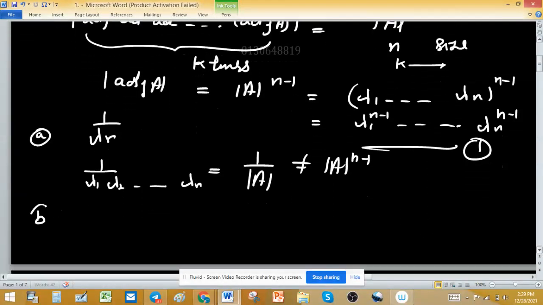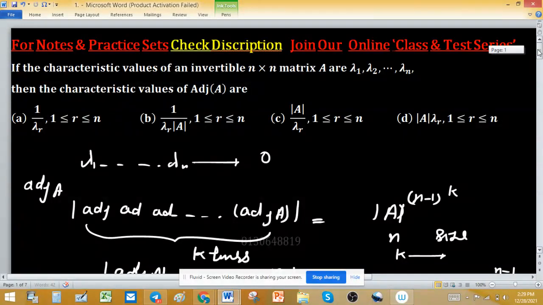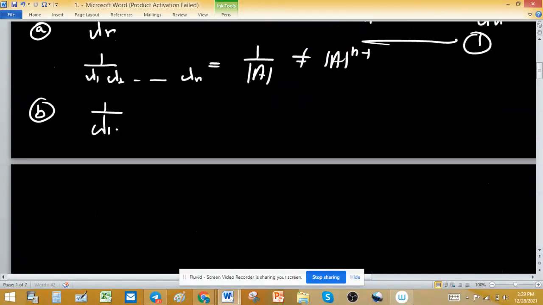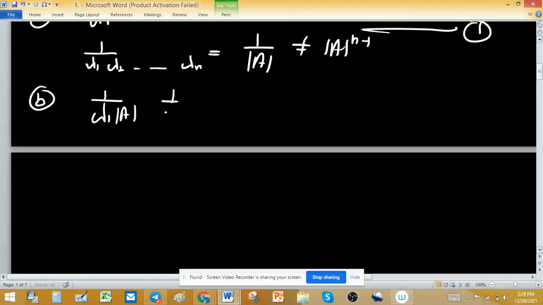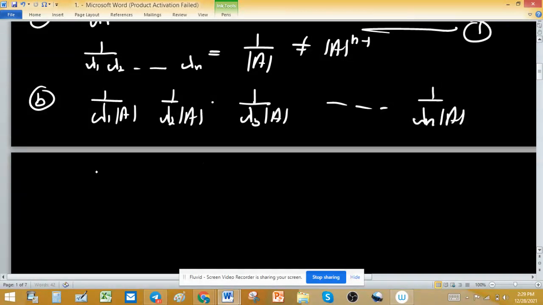Now come to option B, which is 1 upon lambda r determinant of A. So 1 upon lambda 1 determinant A, into 1 upon lambda 2 determinant A, into 1 upon lambda 3 determinant A, and so on up to 1 upon lambda n determinant of A. This can be written as 1 upon lambda 1 lambda 2 up to lambda n, and determinant of A raised to the power n.